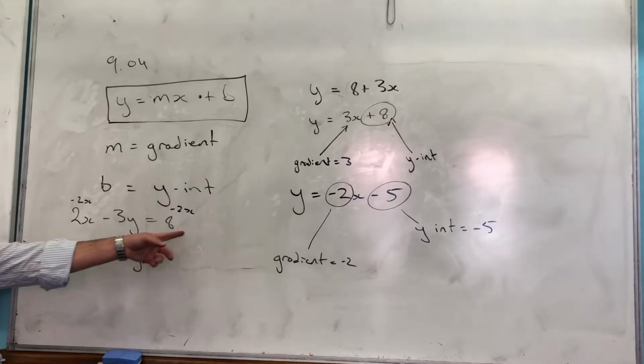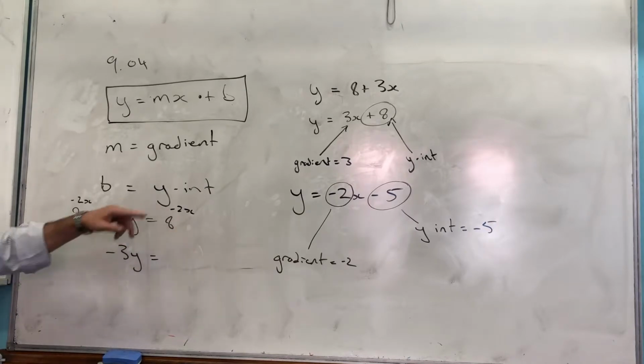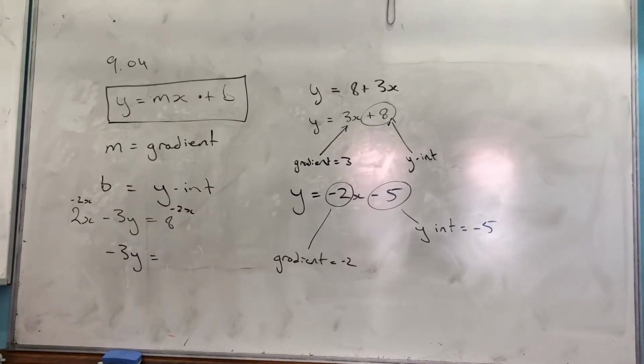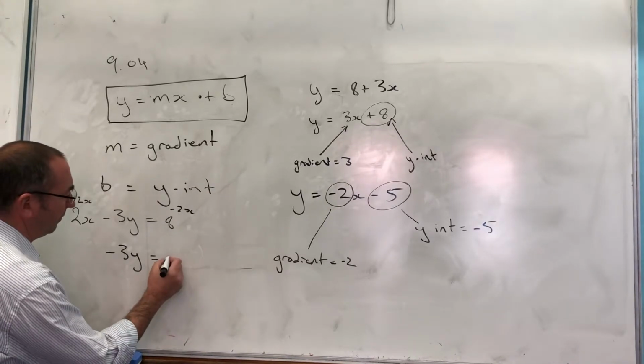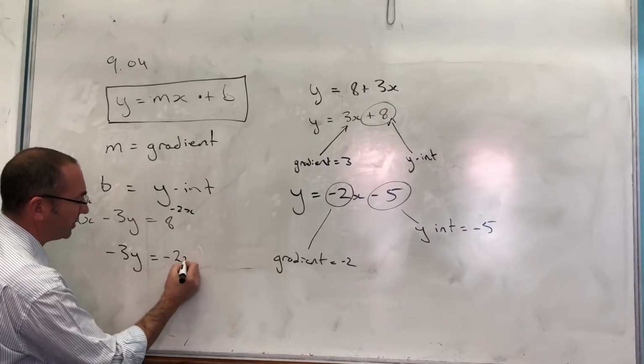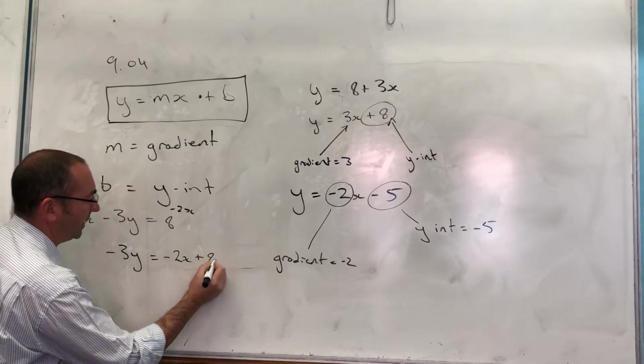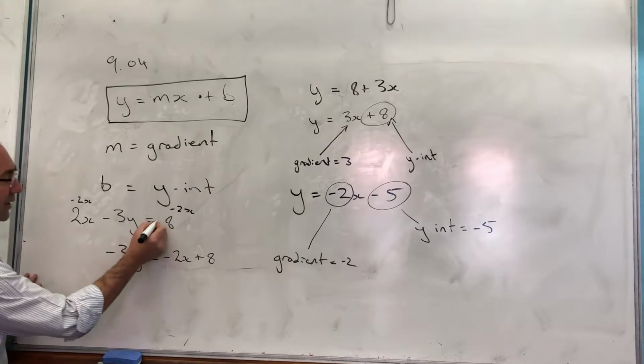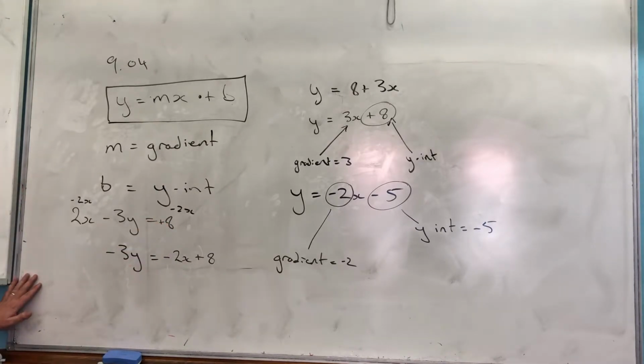And while I'm here, same goes as that first example: it doesn't matter which order you add things in, nor does it really matter the order of subtraction. So instead of 8 minus 2x, I'm going to call that minus 2x plus 8. Why did I do a plus 8? Because that's a plus 8 value there.